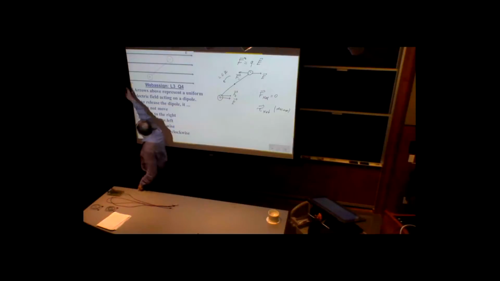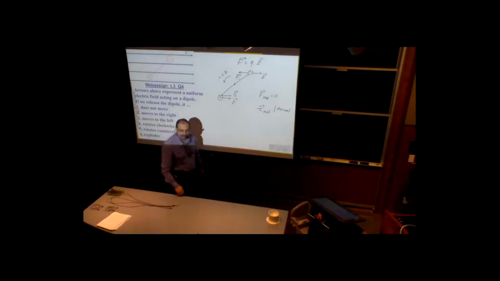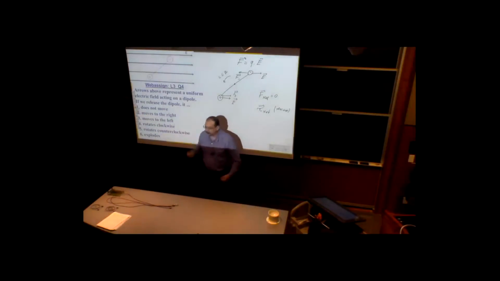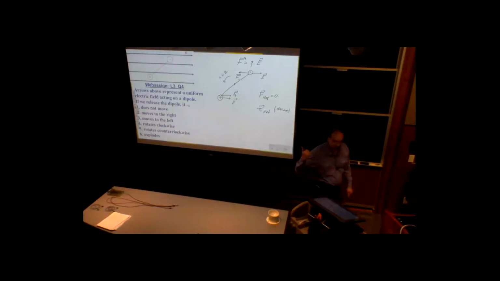It could have been a positive plate located somewhere here. And these electric field lines point away from that positive plate, and then they hit the positive charge and start acting on it. And this charge now experiences the force from those charges via electric field.